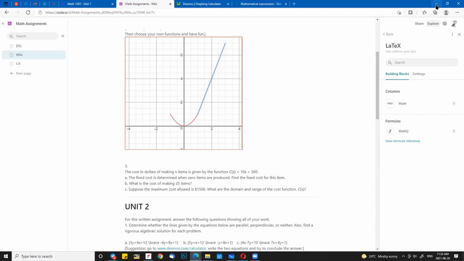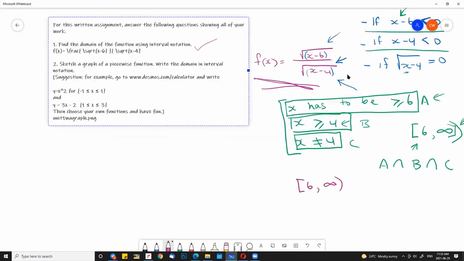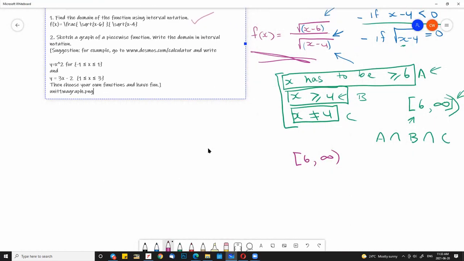Now, remember, for a relation to be a function, each value of x can only give one value of y, okay?